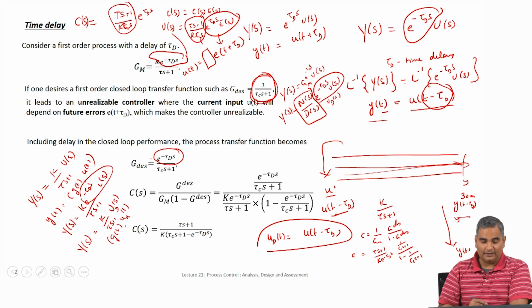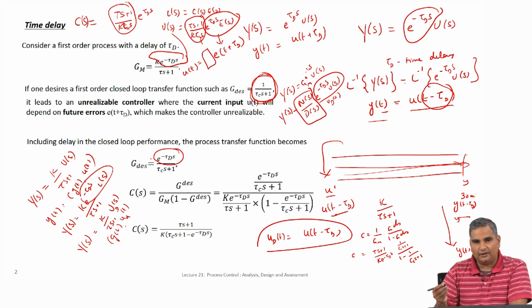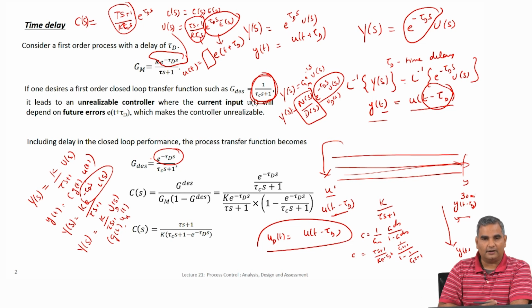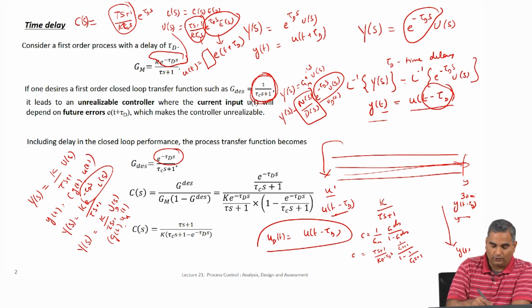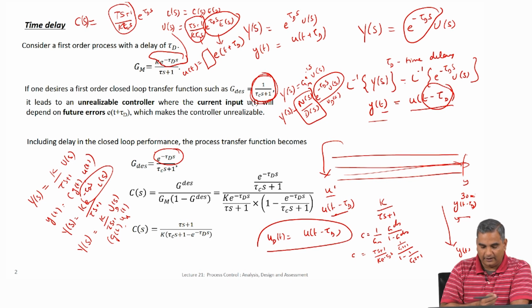So, this basically says that I know that there is going to be a time delay and I am going to live with it. So, I know that if I make a change in the steering to the right, it is going to take a certain amount of time before it is going to turn right, and I am going to factor that into my desired behavior, so that I actually change the steering even before I get to the intersection. So, I have already constrained to include this. If I do not include this, then I am not going to get a realizable controller.